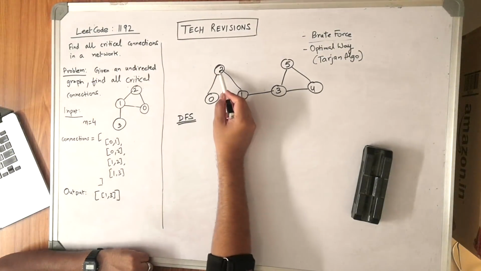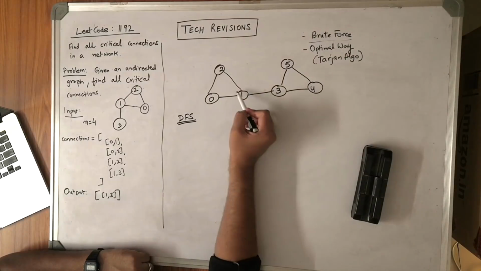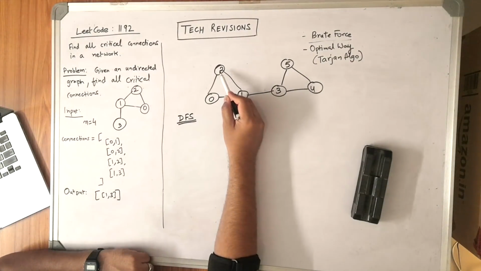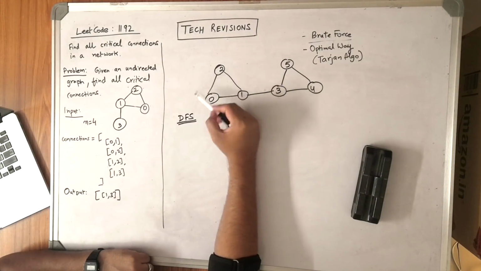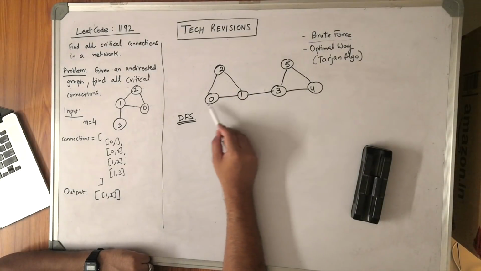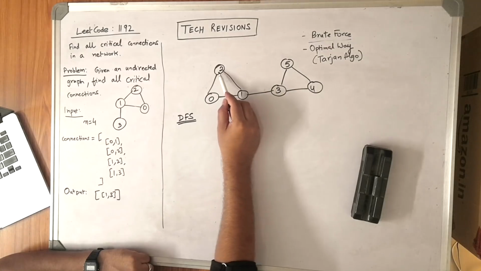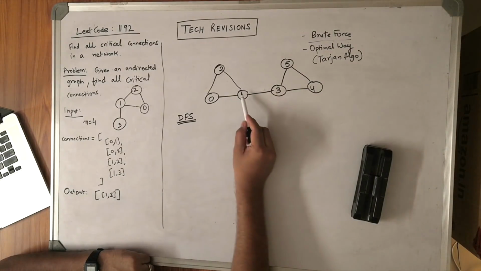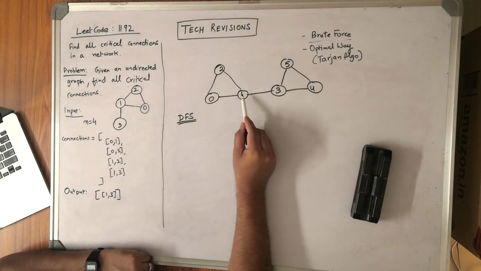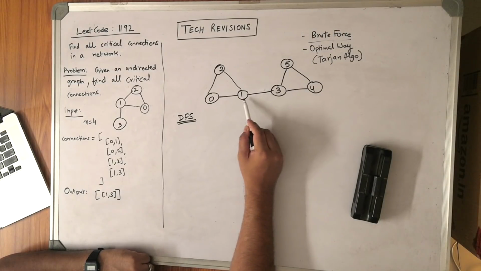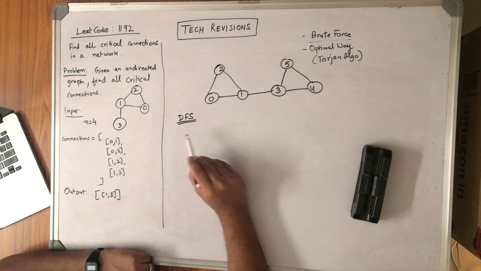If you go from here to here, and this node does not have any new nodes to explore because these two nodes are already explored, you traverse back and your recursion completes. At this point you still have a path to explore, and hence you go on this path and so on. That's how DFS works.